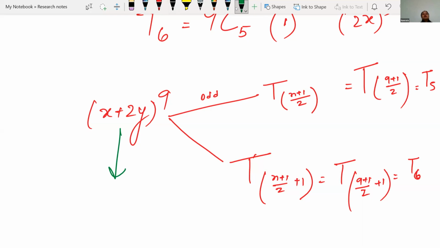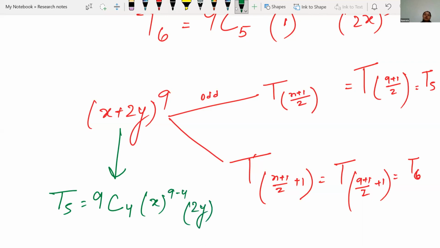Now we have learned the general formula, which says T5 will be NCr, and since it is the r plus 1th term, we take r as 4. That's why we were taking 4. Is it clear now? Yes, ma'am. x to the power 9 minus 4, y to the power only 4.